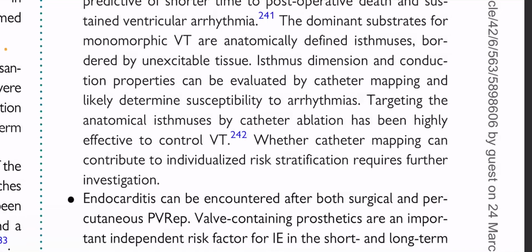Isthmus dimension and conduction properties can be evaluated by catheter mapping and likely determine susceptibility to arrhythmias. Targeting the anatomical isthmuses by catheter ablation has been highly effective to control VT. Whether catheter mapping can contribute to individualized risk stratification requires further investigation.